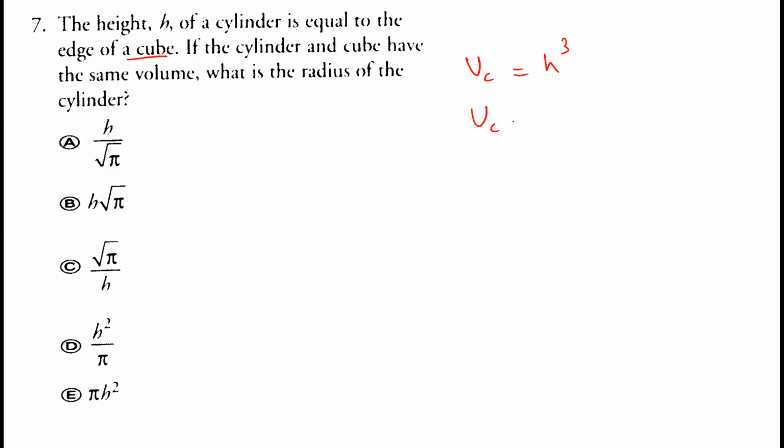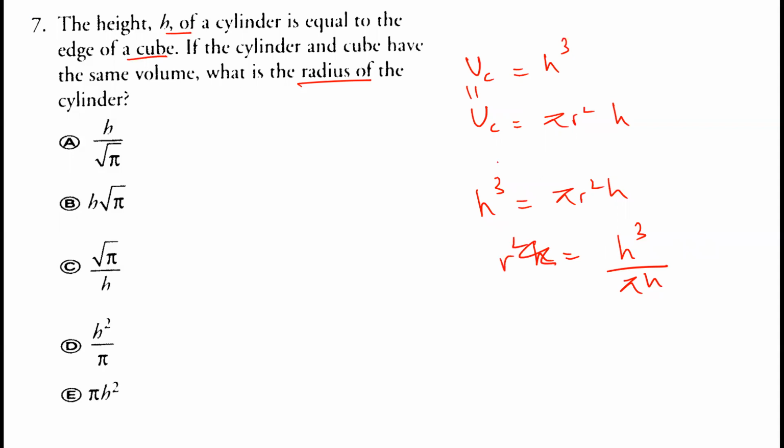And the volume for the cylinder, the formula is pi r square h. So the height is given. And we know that both of these volumes are equal. So what is the radius? So h cube equals pi r square h. Sorry, r squared, we need to find out the radius.